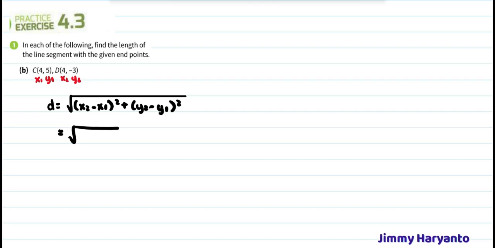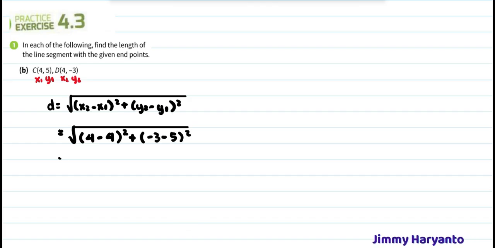Just input the values and then you'll have the length. First is x2 is 4 minus 4. Oh, this one is a vertical line, so it should be easy. Without using the formula, you can find the length also. So this one is 8.